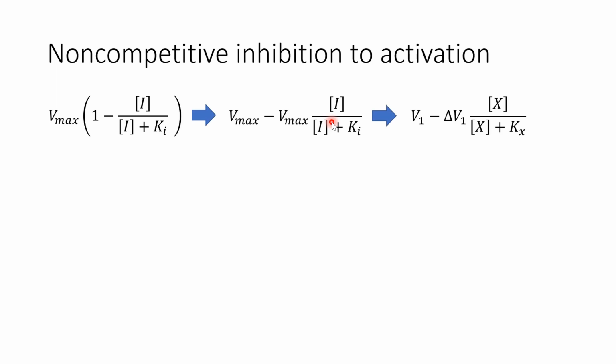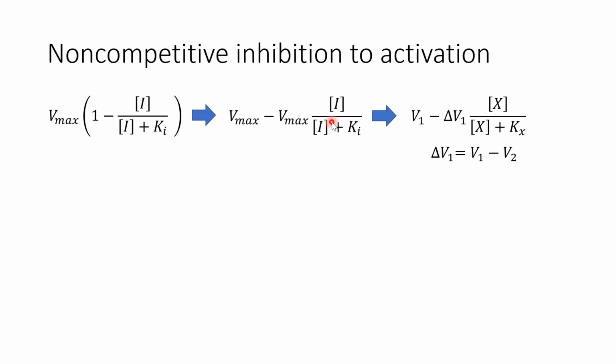However, you can easily modify that and make your second Vmax term into a delta, so a changing term, where your delta would be your initial Vmax minus a secondary value.